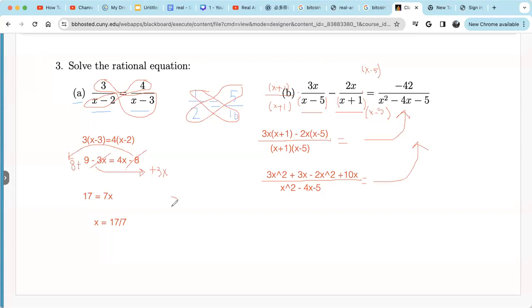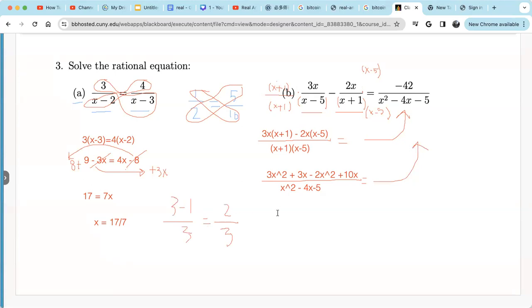Just like if I have 3 minus 1 over 2 equals... oh, that's a bad example. Let me see, 3 minus 1 is 2. So 3 equals 3, so 3 minus 1 equals 2. So if the denominator is the same, the numerator has to be the same.